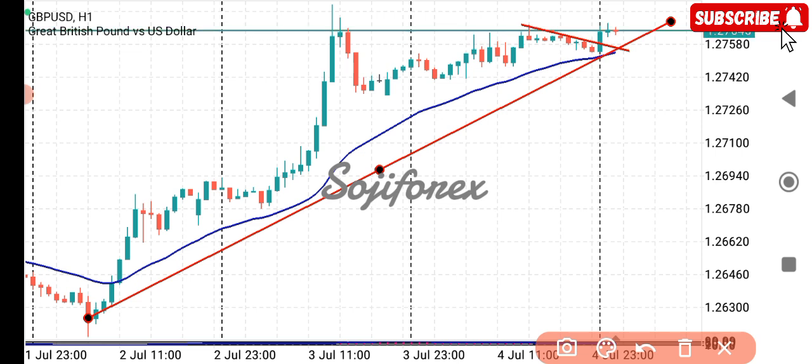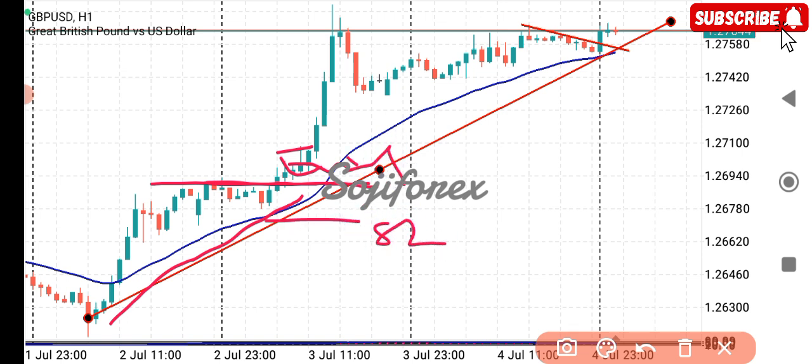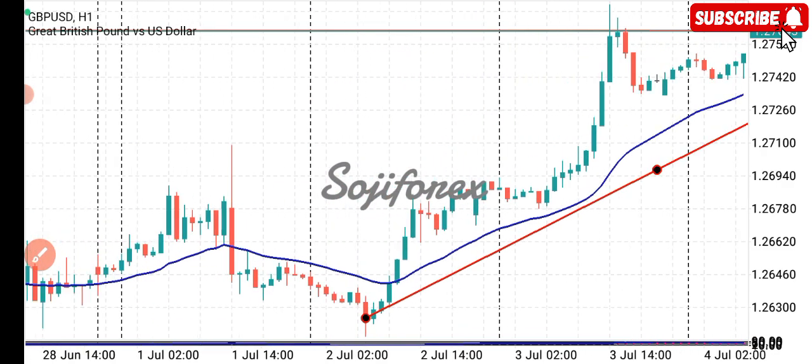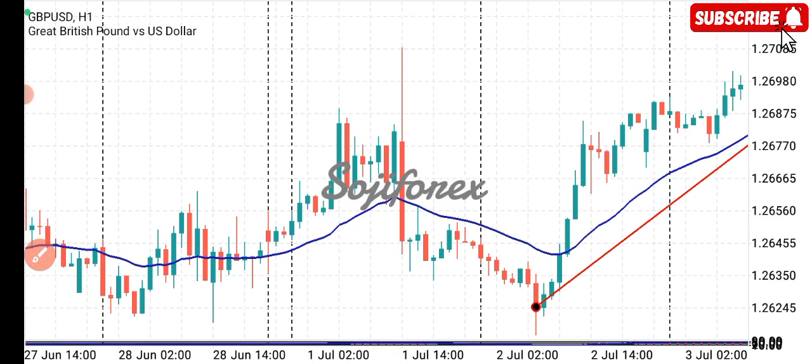Even on my 1 hour, I can choose to trade this. As price keep pulling back, I will keep marking out. Okay, here I'll mark this out, and this is an ascending triangle. Price break out of it, I will have my entry, and my stop loss will be here, and it plays out beautifully as it ought to be.